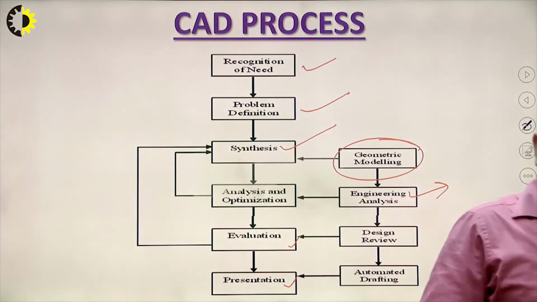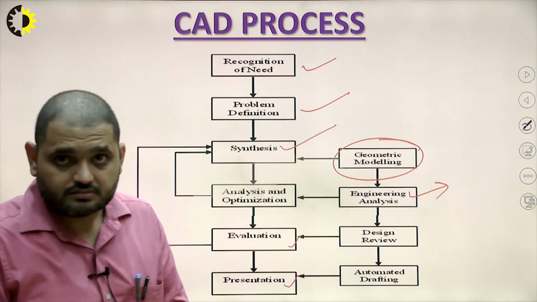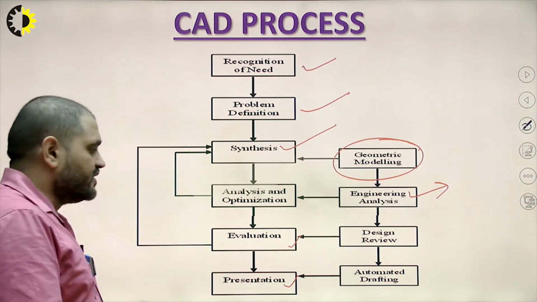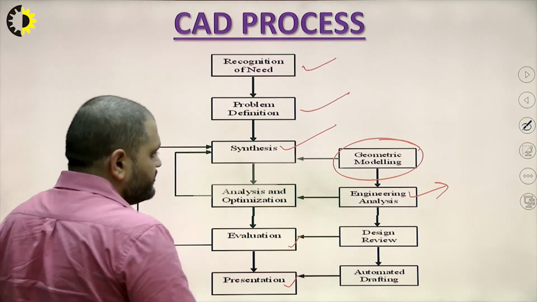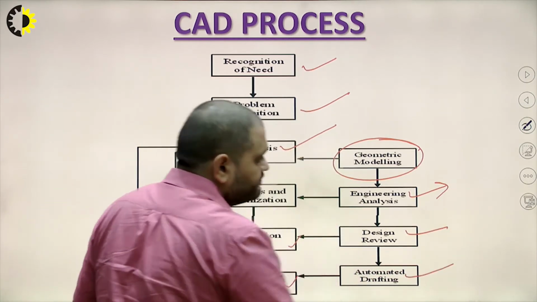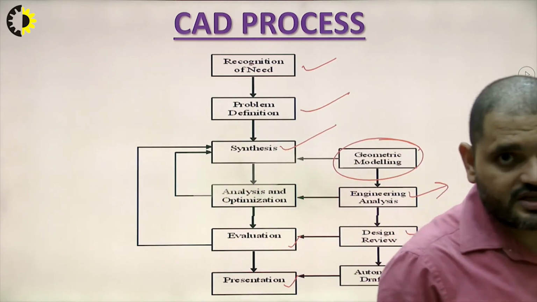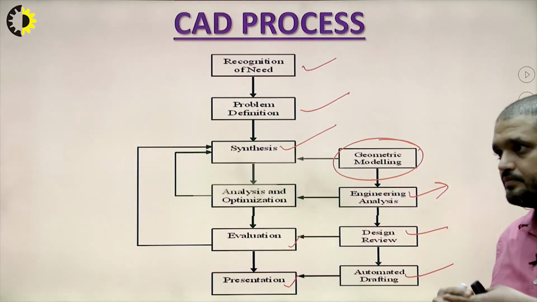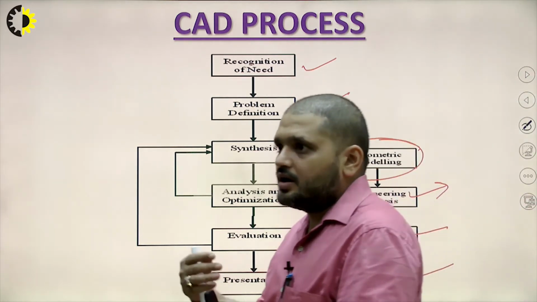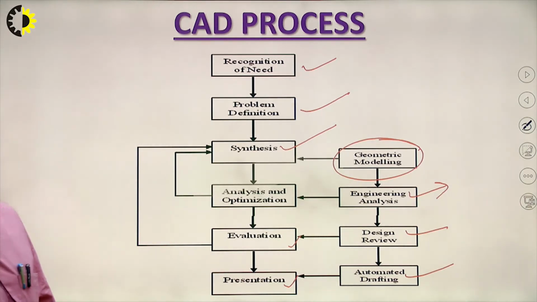They are used for analysis and optimization, even for checking interference. For evaluation we do design review, and for presentation there is an automated drafting system. So this whole flow consists of the CAD process: how any product model is made on the computer, and how it is optimized, analyzed, drafted and documented.